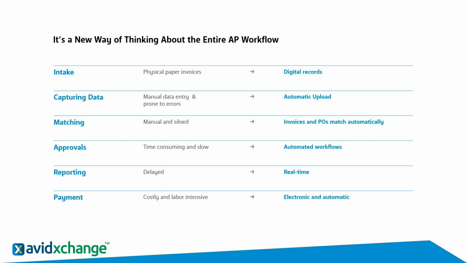So here's a new way of thinking about automating your workflow and your AP process. On the intake side, no more physical paper invoices. They all come to you digitally, into an automated process for you to approve, code, and upload into your ERP. Capturing the data, that goes away, because there are automation processes where, through a combination of technology and service, we can eliminate any errors in capturing the data.